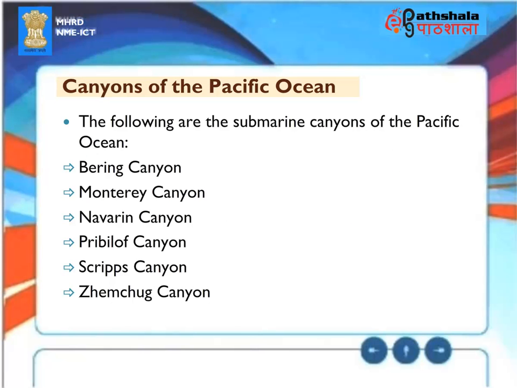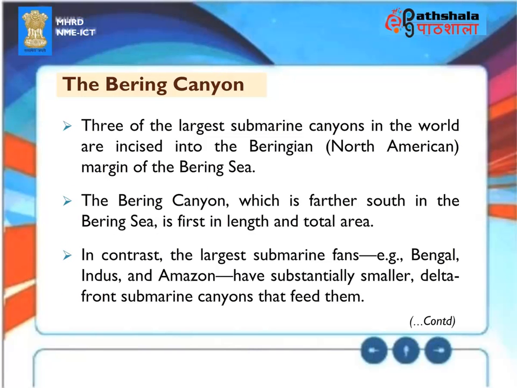Canyons of the Pacific Ocean. The following are the submarine canyons of the Pacific Ocean: Bering Canyon, Monterey Canyon, Navarin Canyon, Pribilof Canyon, Scripps Canyon, Zhemchug Canyon. The Bering Canyon. Three of the largest submarine canyons in the world are incised into the Beringian, North American margin of the Bering Sea.